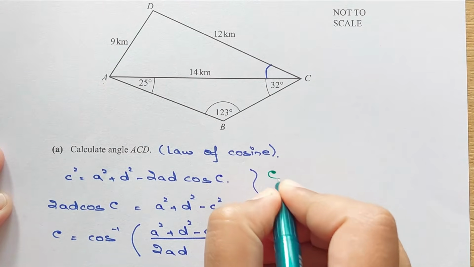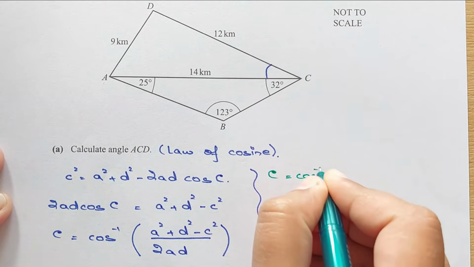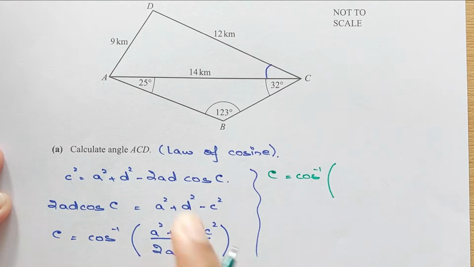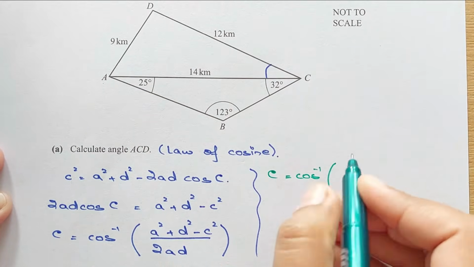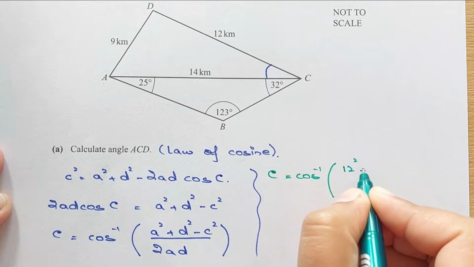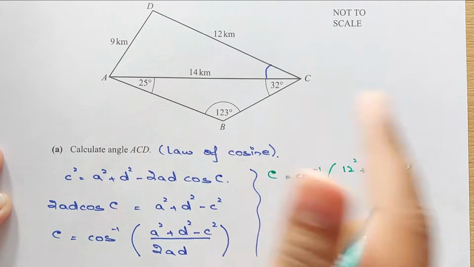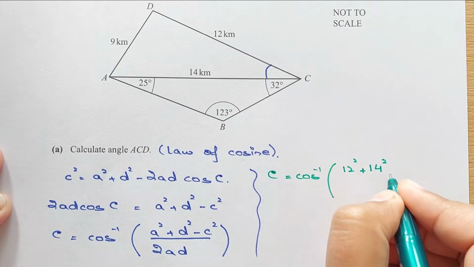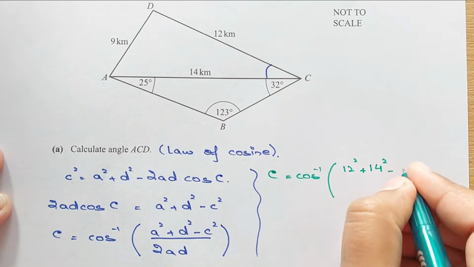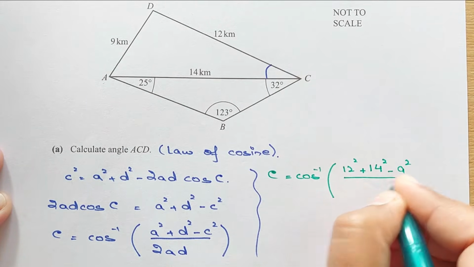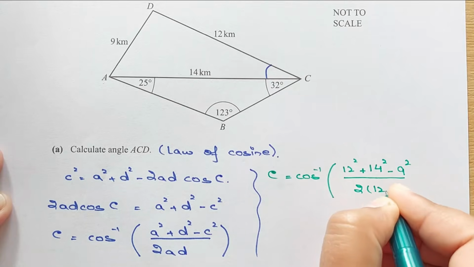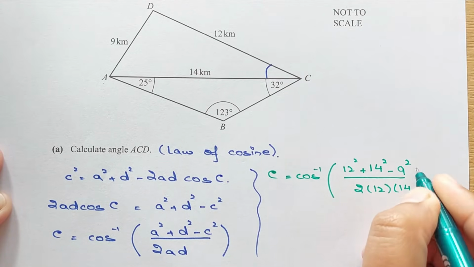So we will get angle C equals cos inverse of A squared, A, the front side of A is this A, that is 12 squared, plus D, this is 14, 14 squared, minus C, this is 9 squared, divided by 2 times A is 12 and D is 14.